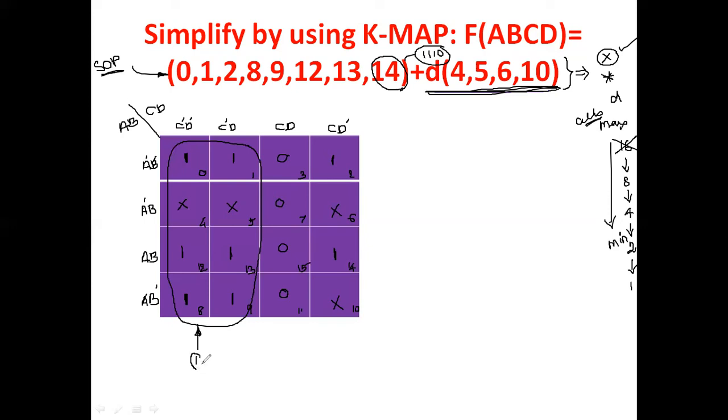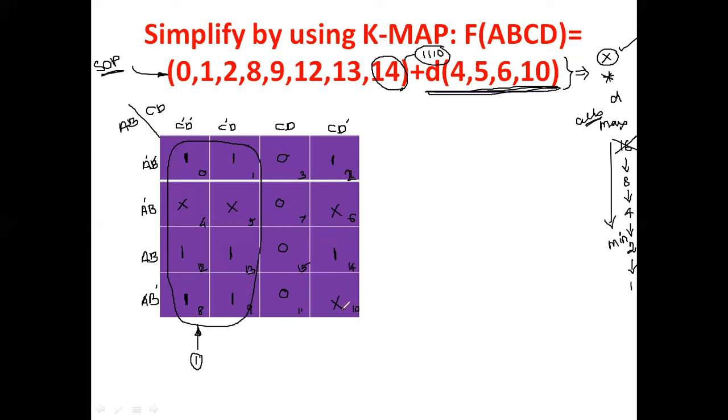So listen carefully. It is a little bit different from the previous problem. After grouping this, you have to check whether any ungrouped one is there in your Karnaugh map. Yes, there are two ones still ungrouped, that is cell number 2 and cell number 14.